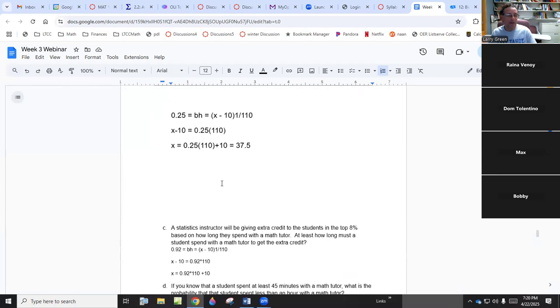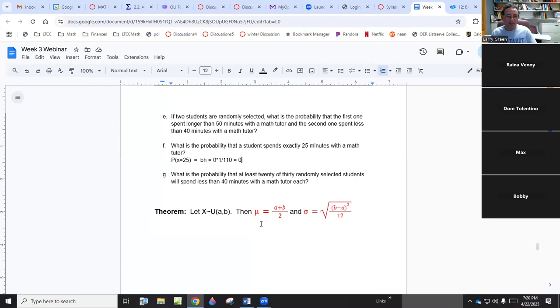So the mean, and remember the letter we use for the mean is mu. That's this Greek letter mu, is a plus b over 2. You add up the left and the right and divide by 2. The standard deviation, that is the square root of b minus a squared over 12. That's one that if you haven't had calculus, you have no chance of coming up with.